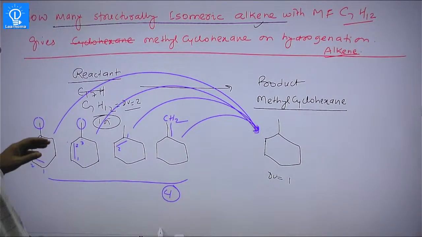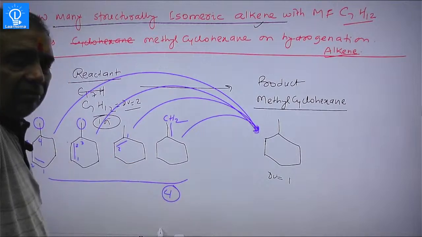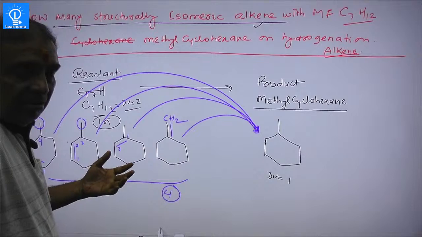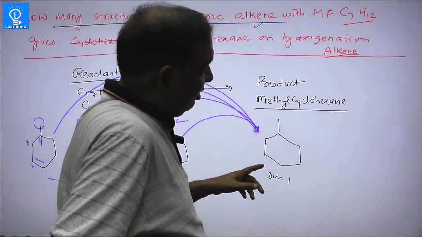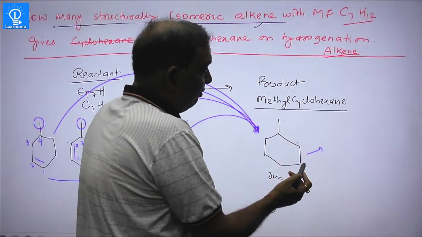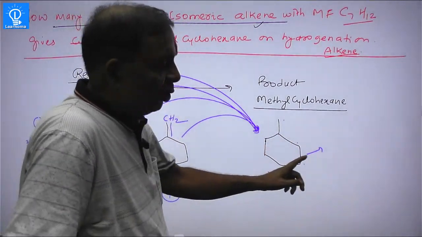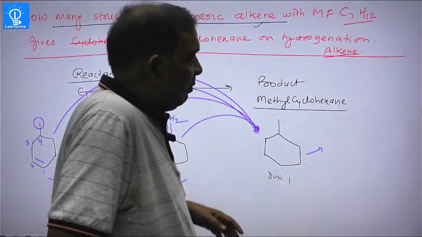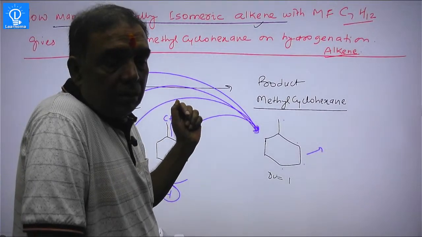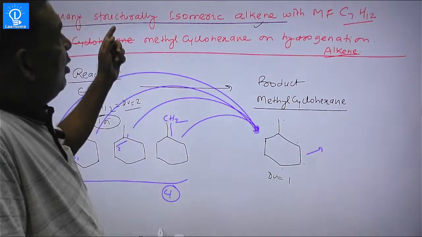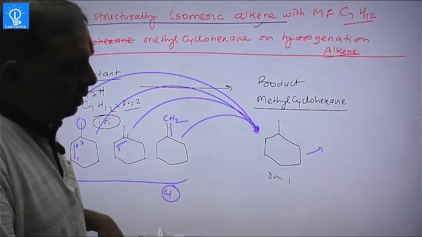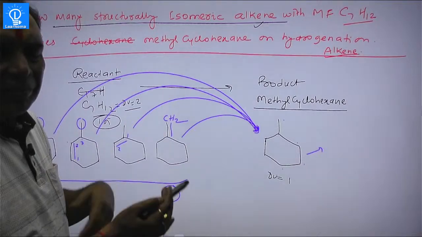Here the question may be asked about the number of isomeric alkenes, or the question may be further asked in correlation with monochlorination. See, 1, 2, 3, 4, 5. This will give 5 monochloro products. The question may ask further how many monochloro products will be obtained if the isomeric alkenes with this formula get monochlorinated. See, in this way, the question can be mixed and remixed.